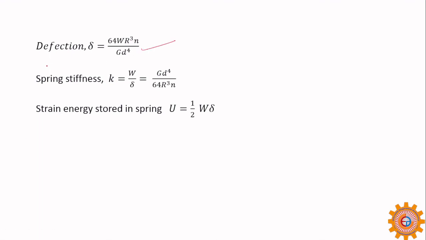Simply I have drawn this one. So deflection is equal to 64WR³N by Gd⁴, and W by delta is equal to the stiffness factor. So the stiffness is equal to this one. You can derive this one, no need to do that.